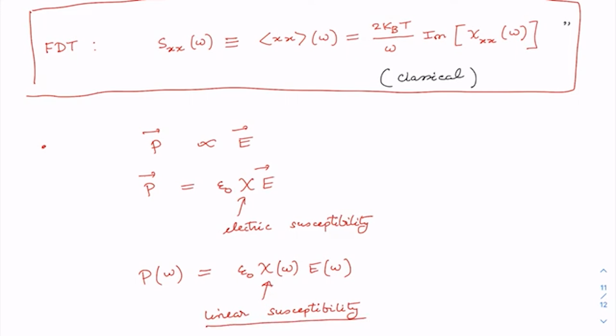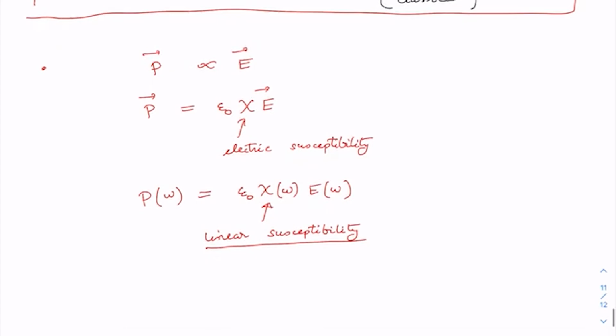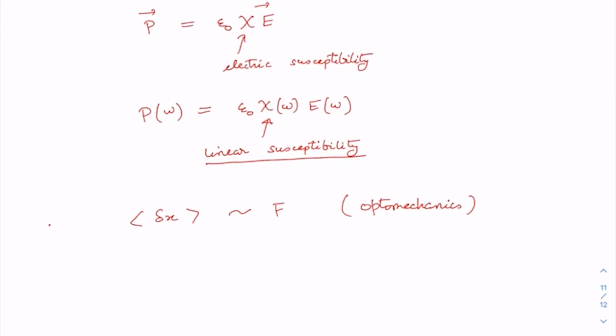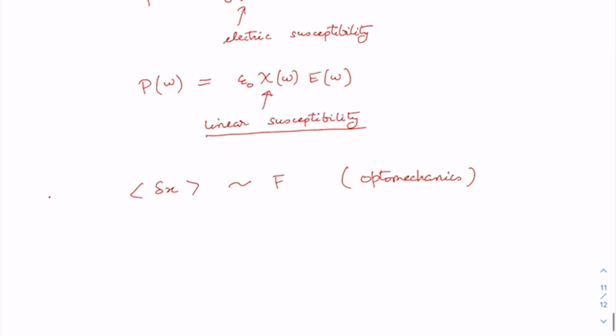Now in a similar way, the average displacement, say delta x, of the movable mirror in an optomechanical system is directly proportional to the radiation pressure force that is impinging on the mechanical mirror. So this is optomechanics, where we can have a similar thing. Hopefully you are now guessing where this linear susceptibility term will come. Again, the response of the mirror to this radiation pressure force is strong at a particular frequency, say omega, and this is represented in this form.